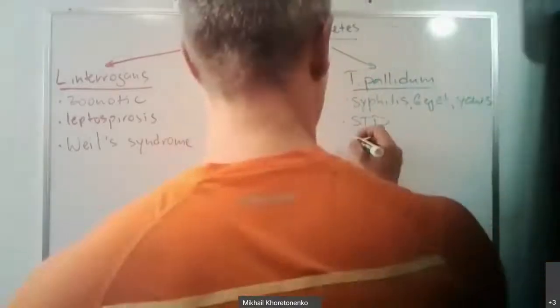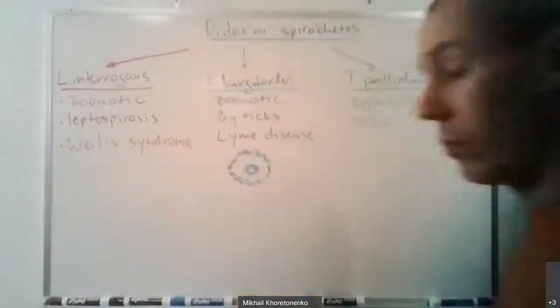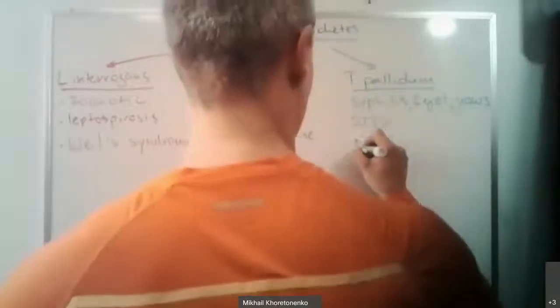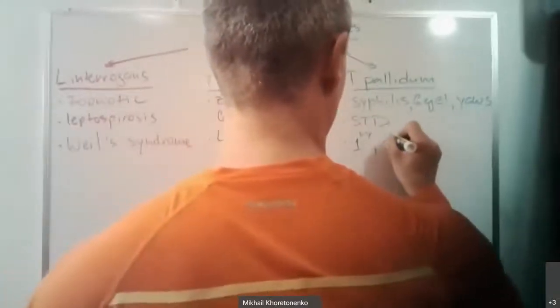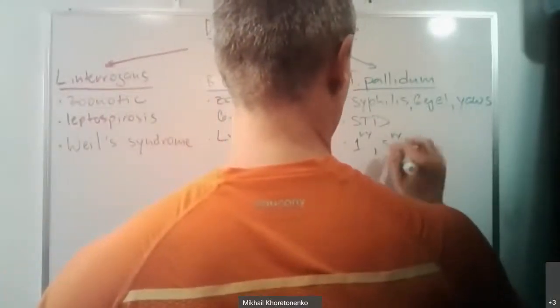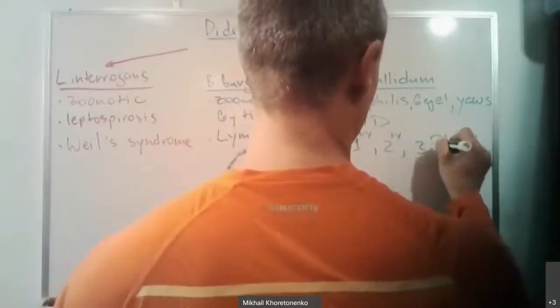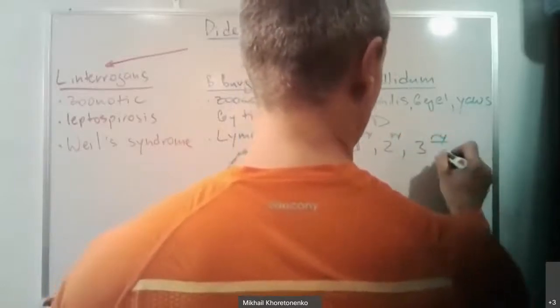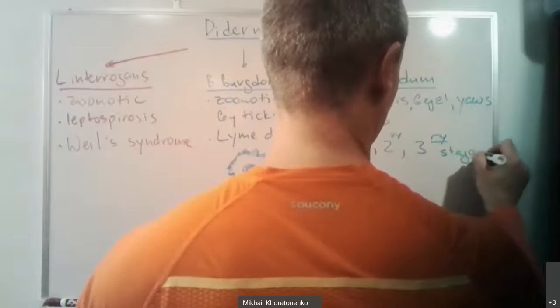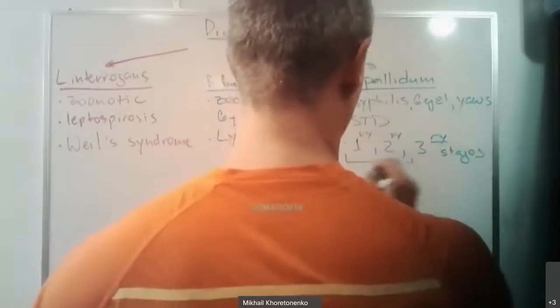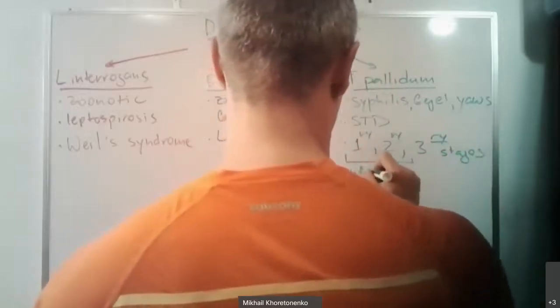There are 3 stages for syphilis: primary stage, secondary stage, and tertiary stage. Only primary and secondary are infectious.